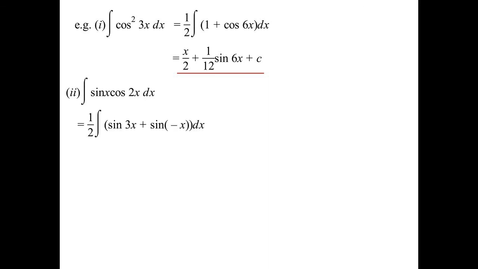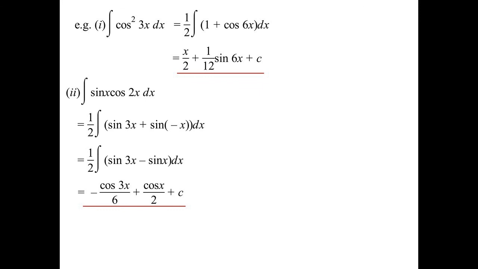So sine x cos 2x I could rewrite as a half of the sine of the sum, x plus 2x is 3x, plus the sine of the difference. Now the difference has to go in the same order, so it's x minus 2x, so sine of minus x. Sine's an odd function, so I could rewrite the sine of minus x as minus sine x. But I now have two functions that I can integrate, and sine, of course, goes to minus cos.